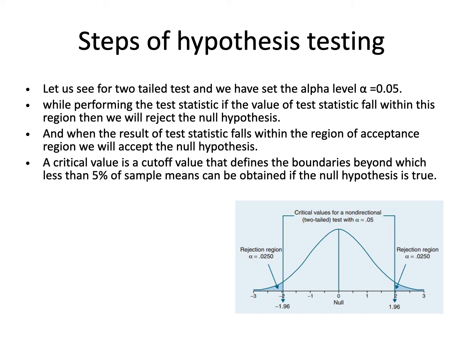A critical value is the cutoff value that defines the boundaries beyond which less than 5% of sample means can be obtained if the null hypothesis is true. Sample means obtained beyond the critical value will result in the decision to reject the null hypothesis.